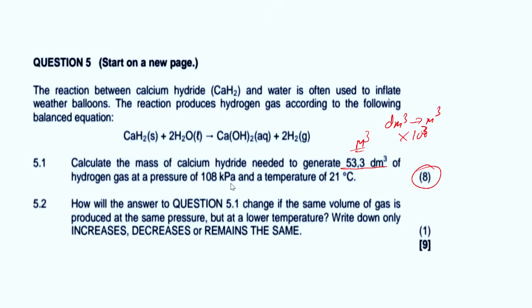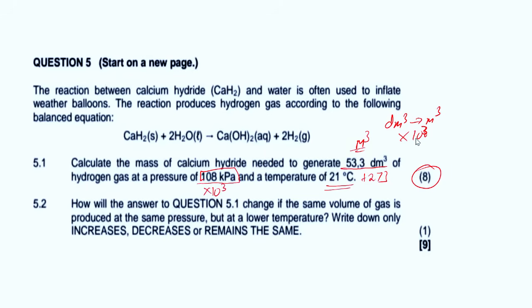And then of hydrogen gas at a pressure of 108 kilopascals and a temperature of 21 degrees Celsius. So again, another conversion here, plus 273. And then also 108 kilopascals, another conversion here. So we multiply that by 10 to the exponent of positive 3.